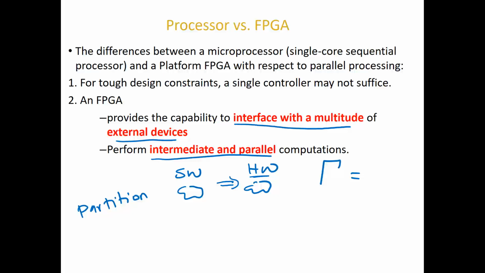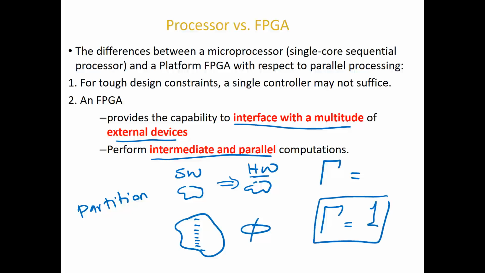So it is important that you understand what you have. If you don't understand it, then you are stuck doing everything in software and nothing in hardware. And you will continue doing things the regular way of sequential design, and your speed up will be around one, as opposed to here where you get a speed up of 3 or 4, depending on how you can speed up your components in hardware.